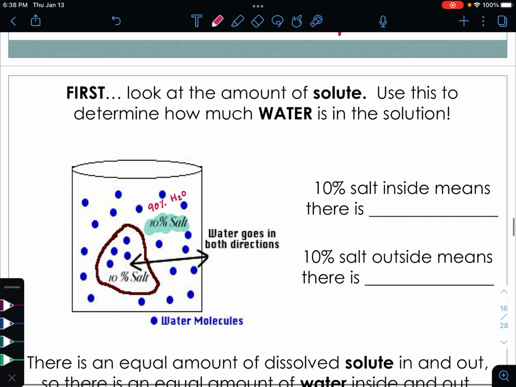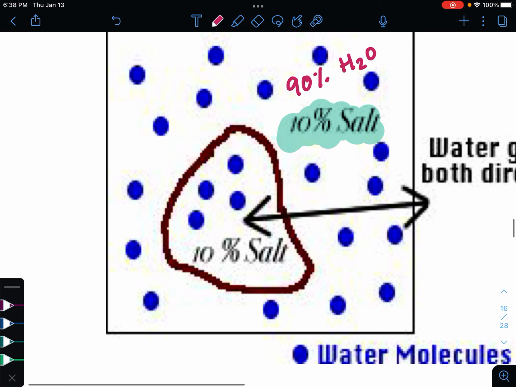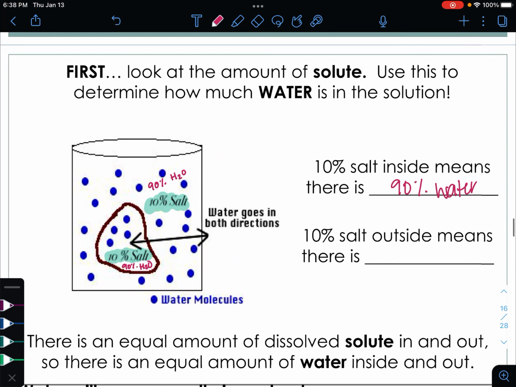Okay, so 10% salt inside means that there is 90% water, right? And then if we look inside of our cell, again, it also says that we have 10% salt. So we're also going to have 90% water inside the cell.